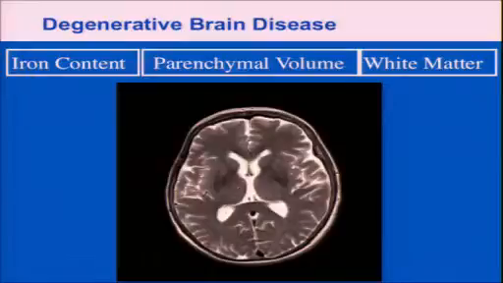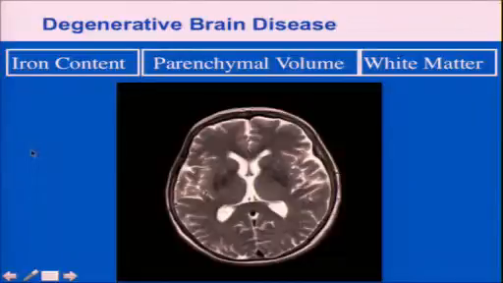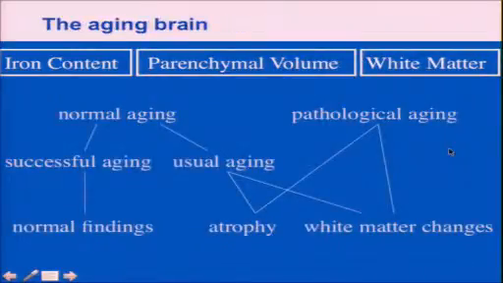It depends on the field strength we are using. It depends on the sensitivity for susceptibility of the sequence we are using, and so on and so on. But there are certain MR sequences that allow us to quantify or even semi-quantify the amount of iron in the tissue.